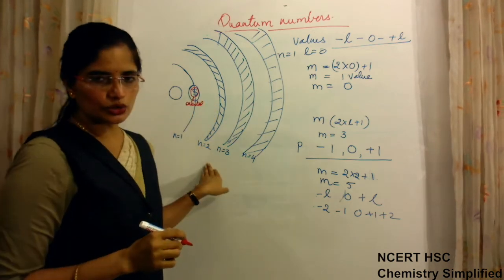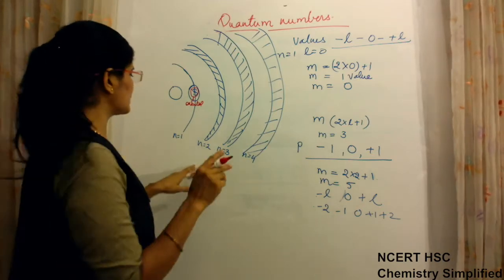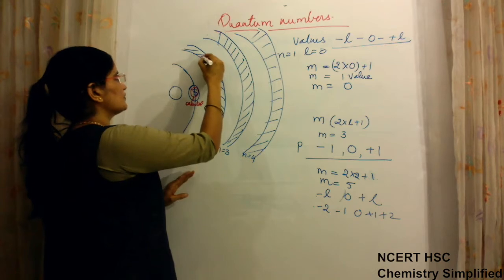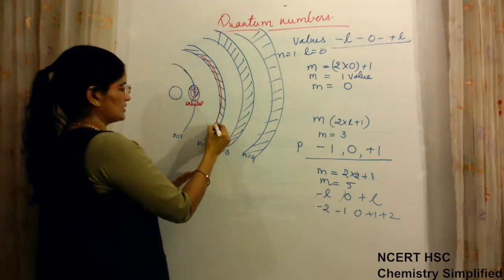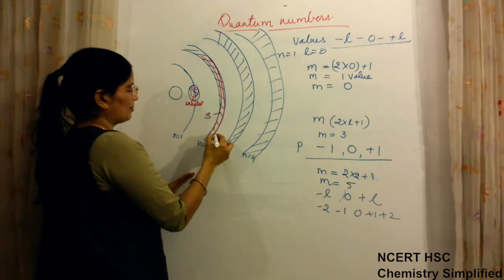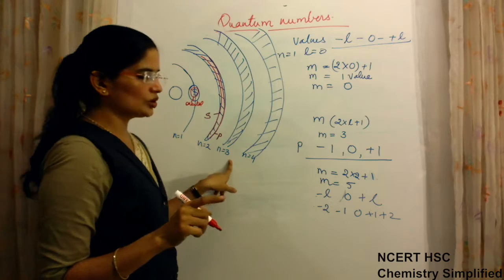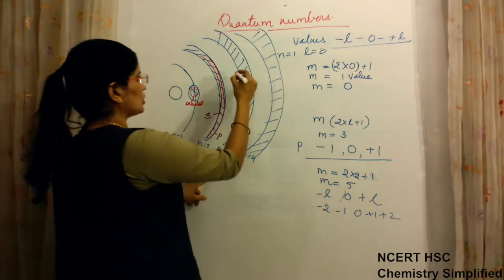Now n is equal to 2. We had seen that it has two subshells. What are those two subshells? We will make one subshell S and another subshell P. Now we are making subshells. N is equal to 3, we'll have three subshells. What are those?